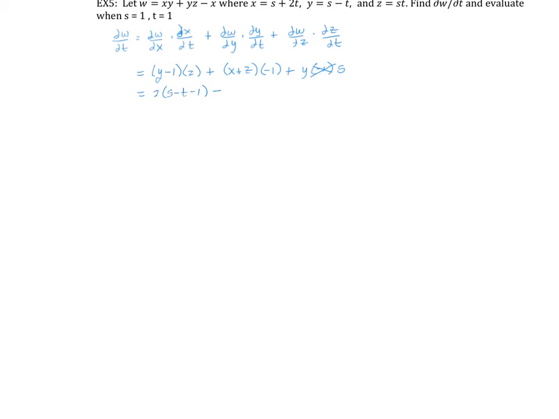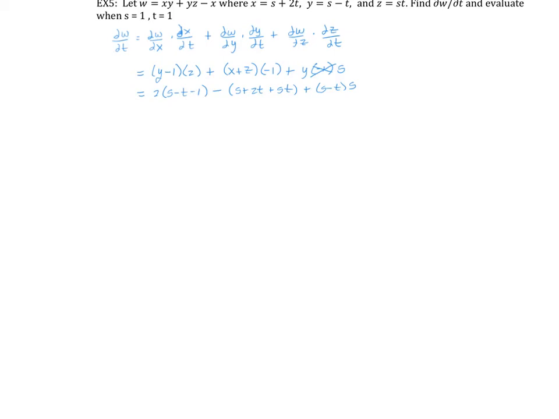Replace my x and my z, which would give me s plus 2t plus st. Let's see, plus y is s minus t times s. All right. So that would be the partial of w with respect to t.